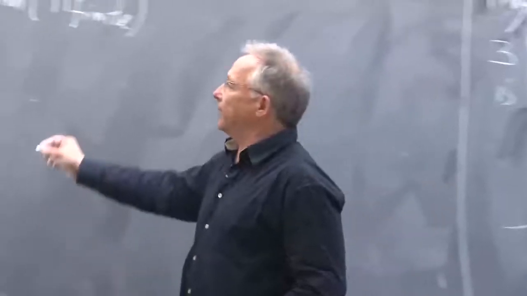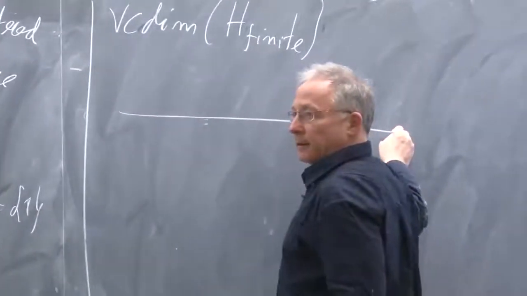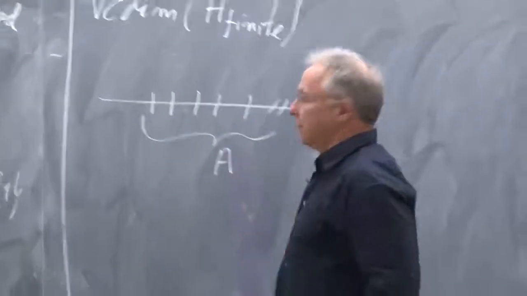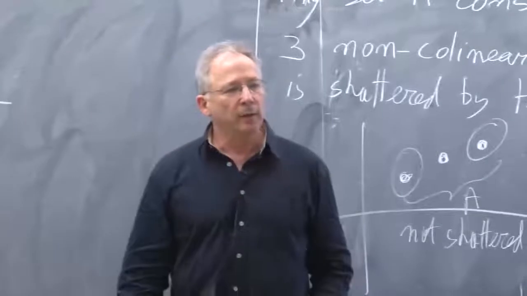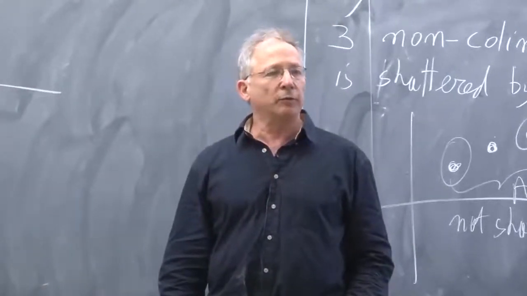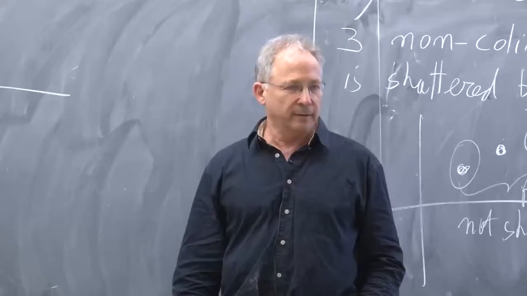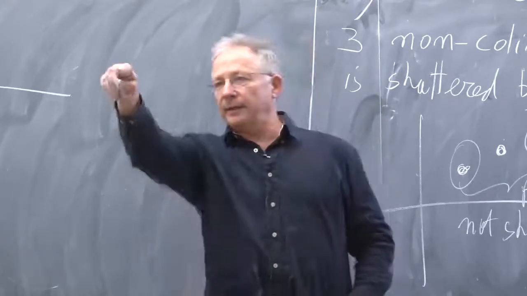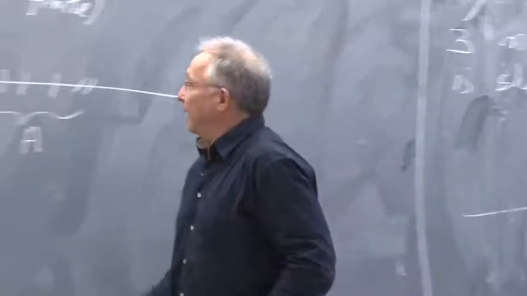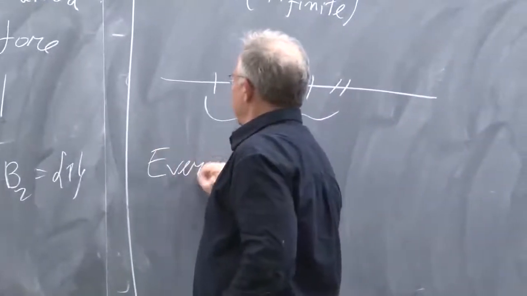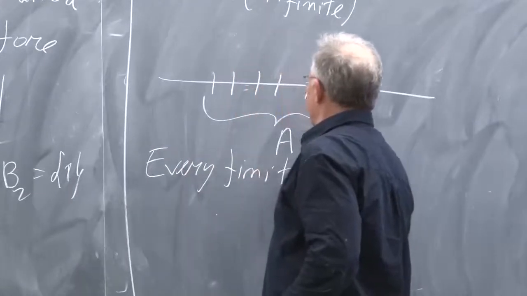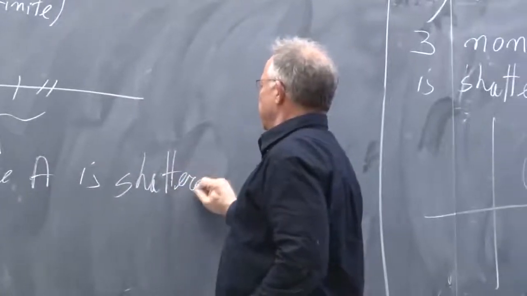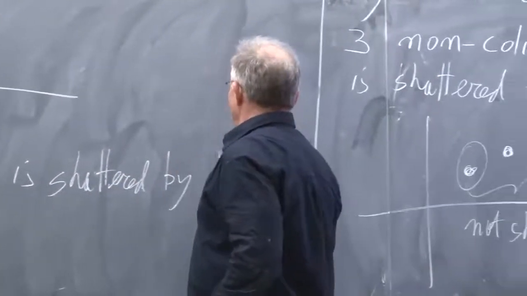So we are on the real line again, and I pick some set A. Can it be shattered by the collection of all finite sets? What is the requirement for A to be shattered? Yes? A is finite. Every finite A is shattered by H finite.